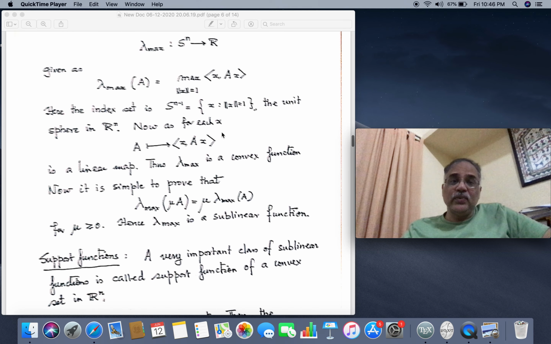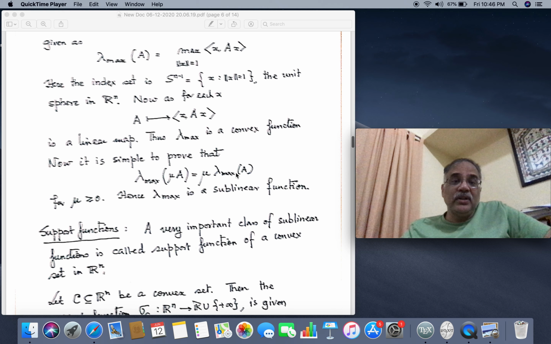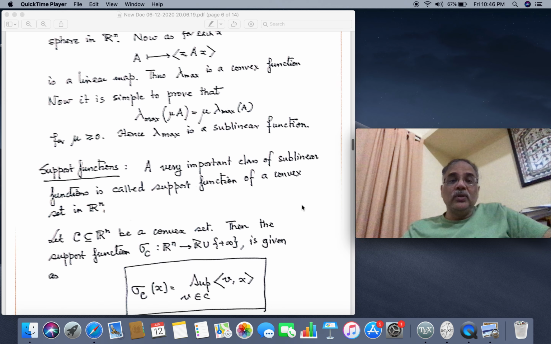Now for each x, once I fix x, as a function of a, it is linear, and hence this is a convex function. Once you prove that it is positively homogeneous by the previous theorem, it is a sublinear function. So now we come to an important class of sublinear functions called support functions.